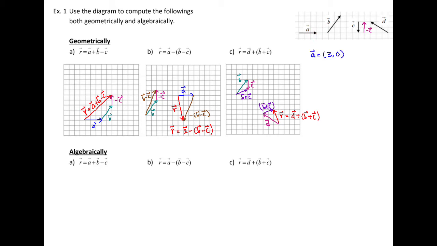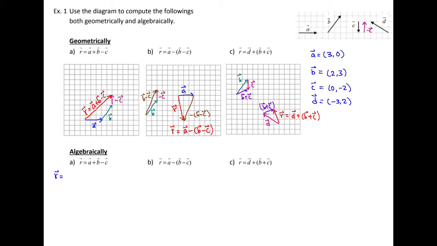So we say vector A is (3, 0). Likewise, if vector B's tail is at the origin, then the head is going to have the coordinates (2, 3). So we say vector B is (2, 3). Similarly, we say vector C is (0, -2), and vector D will be (-3, 2).